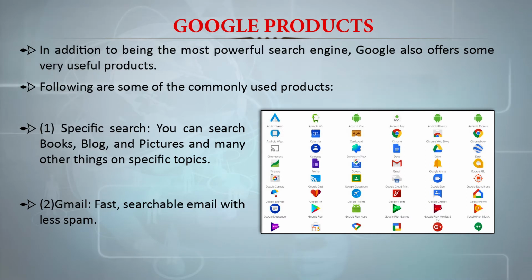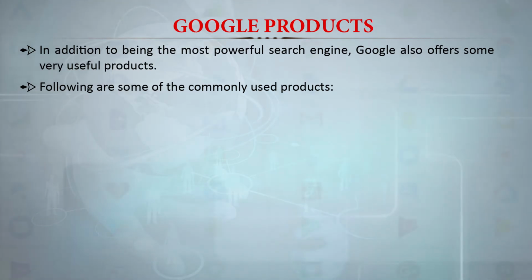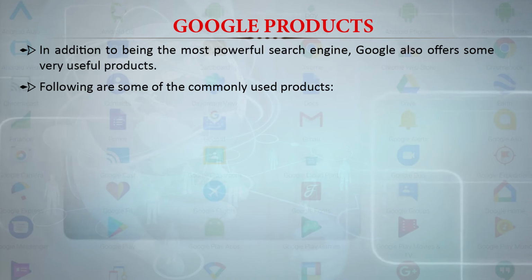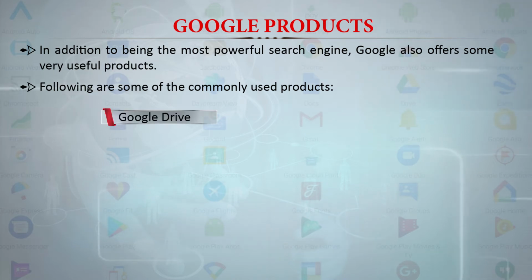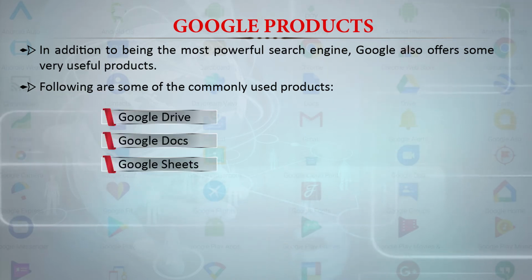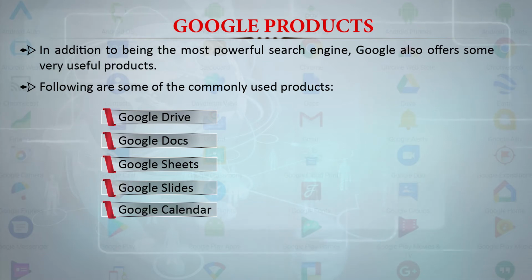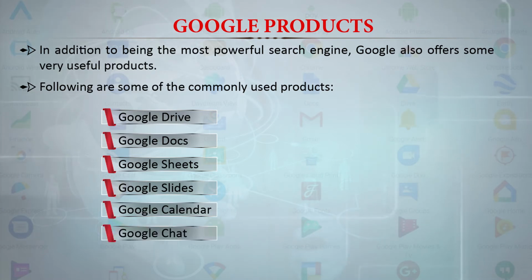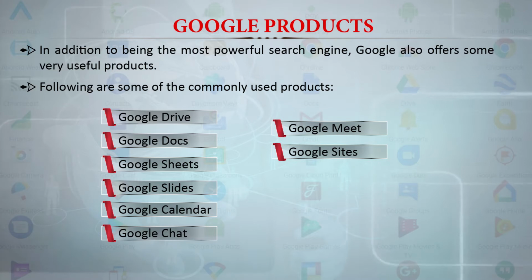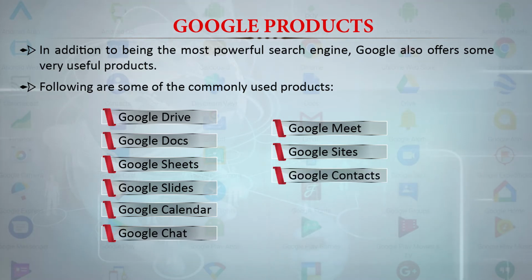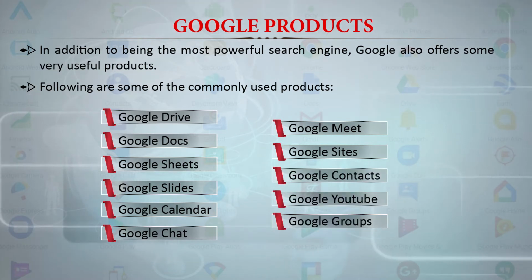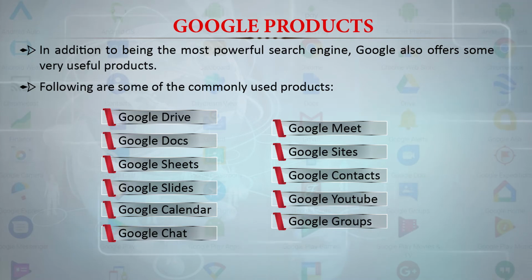So Gmail is one of the fast searchable emails with less spam. Then there are other Google products also. One is Google Drive, Google Docs, Google Sheets, Google Slides, Google Calendar, Google Chart, Google Meet, Google Sites, Google Contacts, Google YouTube and Google Groups. Now I'll briefly explain each of these.